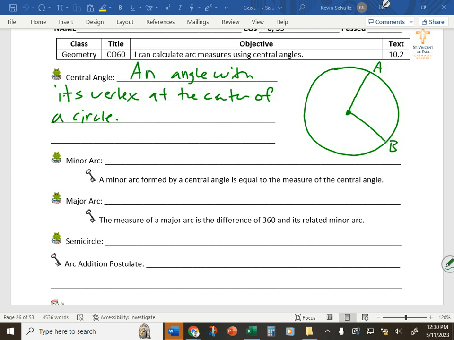The relationship between an arc measure and a central angle is that an arc measure is equal to the central angle measure.